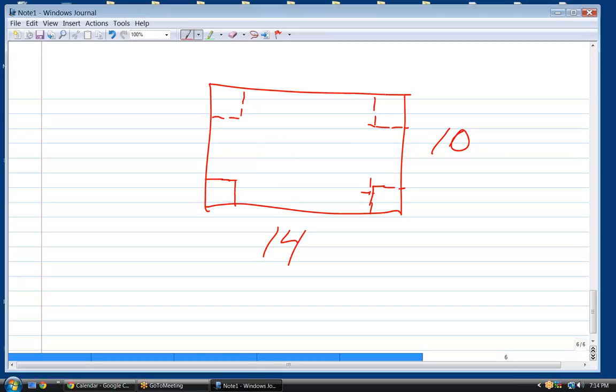So what's my variable and what is it? The squares would be x. Let's make x the side of each square. So I can label that x, that x, that x, that x, that x, that, and that.